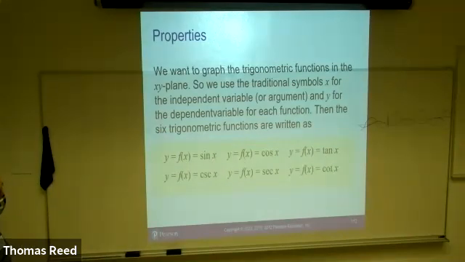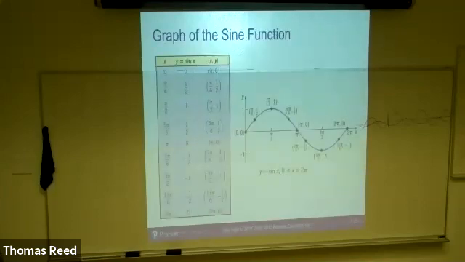And so this is how we write those trig functions. Y equals sine X, or f of X equals cosecant X. You either use the Y or the f of X. Okay. So here's a graph of the sine function. Well, we know what those sine values are going around this unit circle.